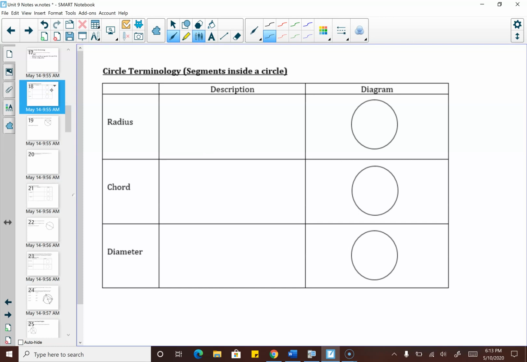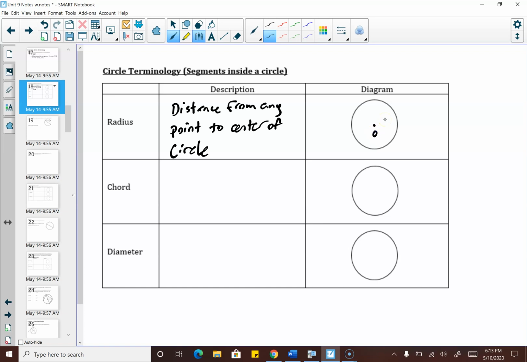So a couple vocabulary words. Radius is the first one. So the radius, like we just described, is the distance from any point to the center of the circle. Okay, so my diagram here, I'm going to estimate my center.